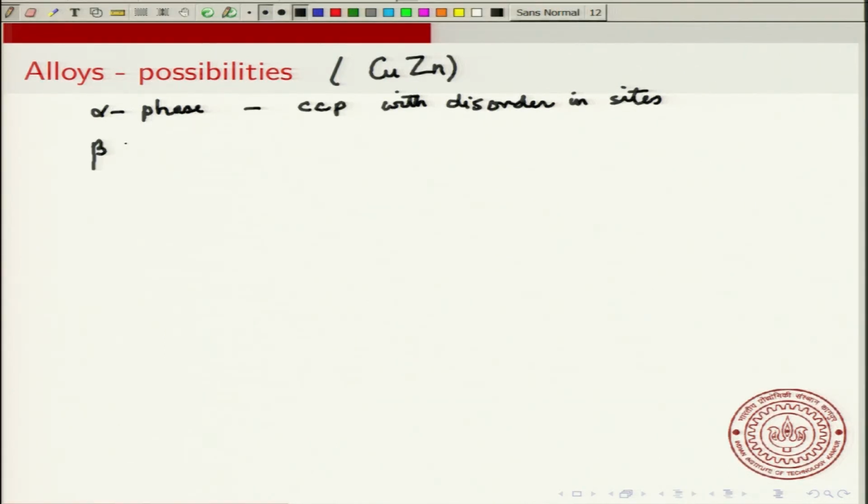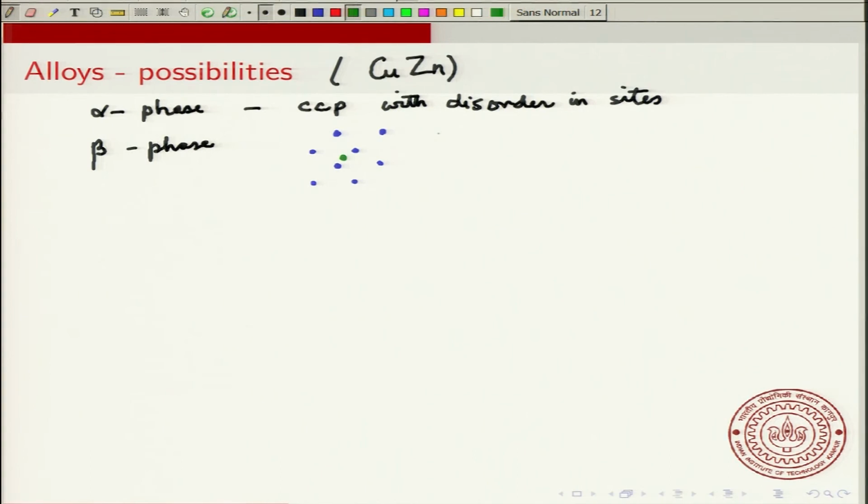people have also observed something called a beta phase, where essentially you have one of the ions forming a simple cube, and the other at the body center. So, you can have something like this.